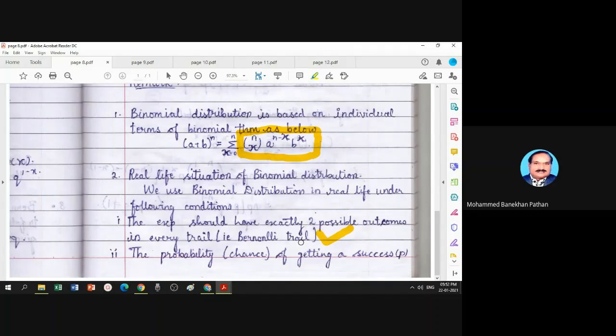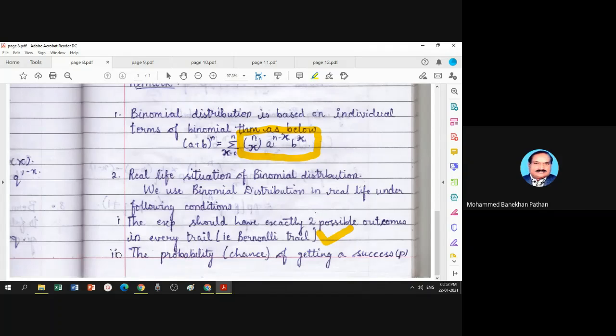That is why at the beginning I said binomial distribution is a generalization of Bernoulli. Condition 1 says the experiment should be of type Bernoulli. That means every trial, every repetition should possess two possible outcomes.